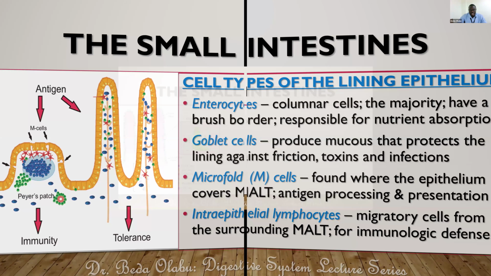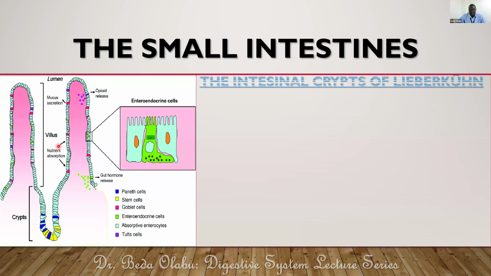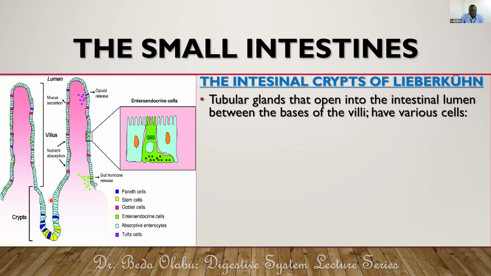Let's talk about the cell types in the crypts. The intestinal crypts of Lieberkühn are tubular glands which open adjacent to the bases of villi. So between two villi, there's a gap there that leads to a crypt.